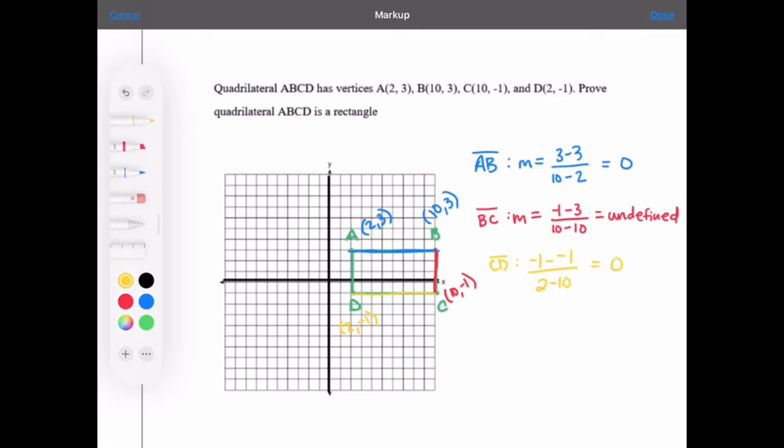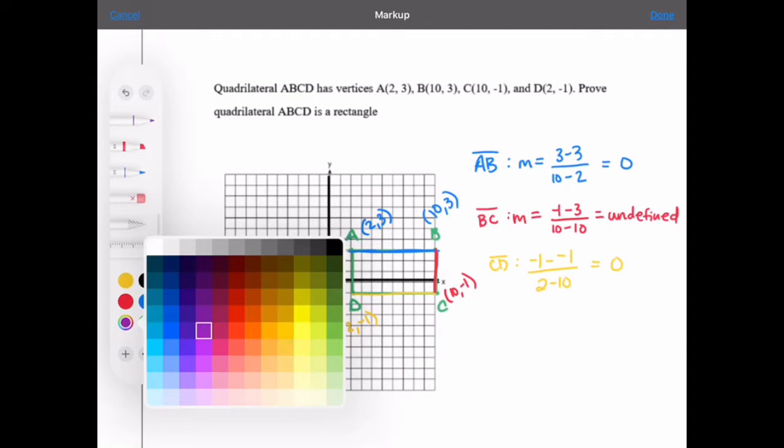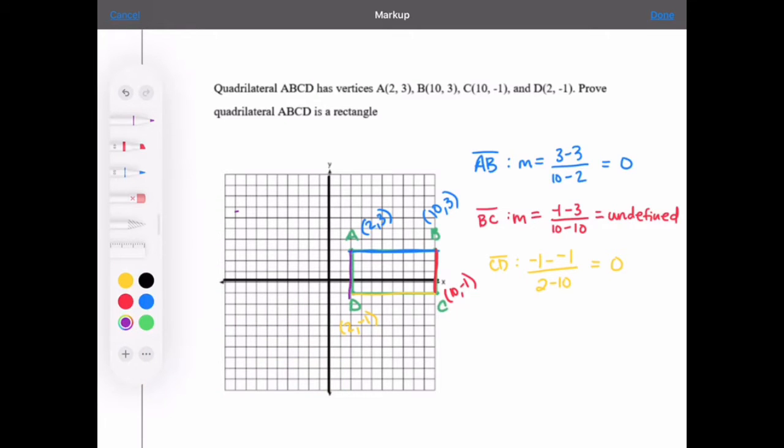And then for AD, which I will put in purple, let's do AD right here, we will have -1 minus 3 over 2 minus 2, but that is also undefined because we end up with 0 on the bottom, right?